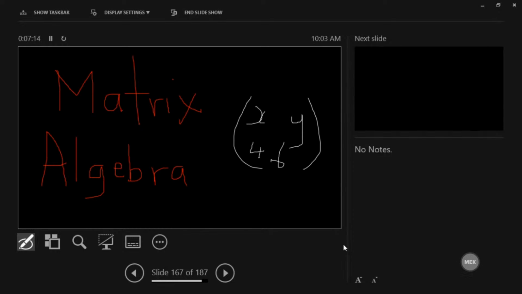We're going to work some examples, just a few examples. So I'm going to write out the problem. Given that, so we have x, 3, -6, y.